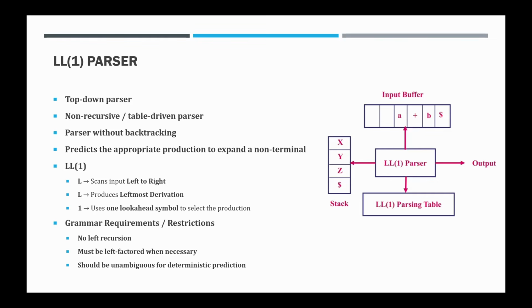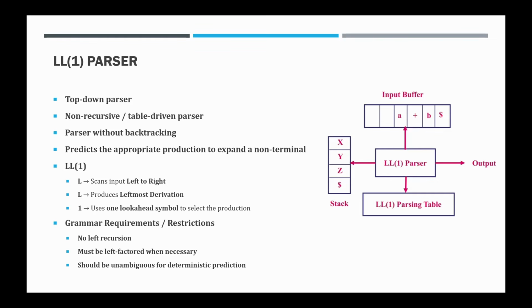And we have a few grammar requirements or restrictions. The grammar should be free from left recursion and must be left factored whenever necessary, and it should be an unambiguous grammar for deterministic prediction.